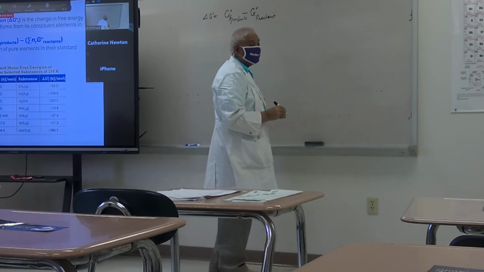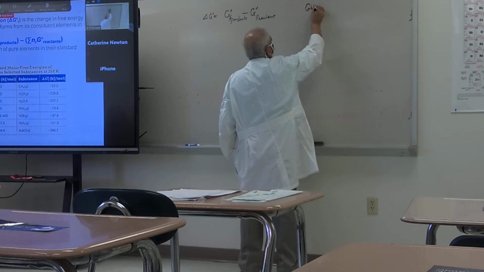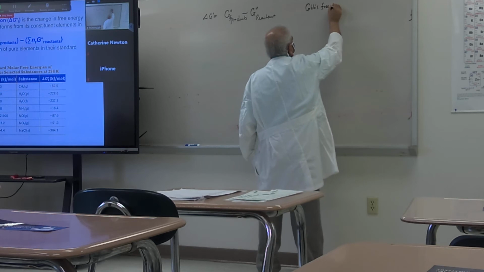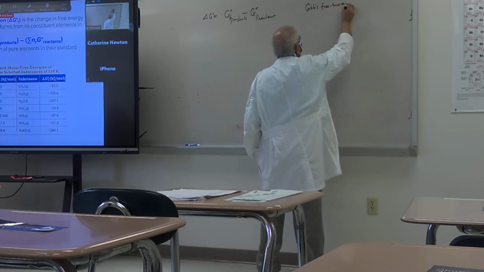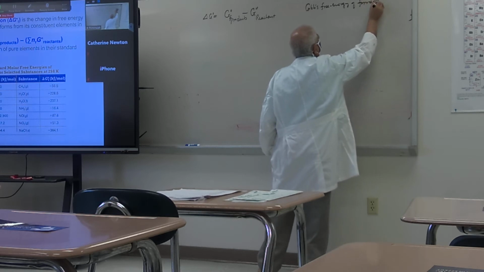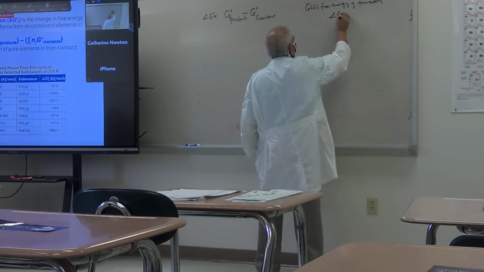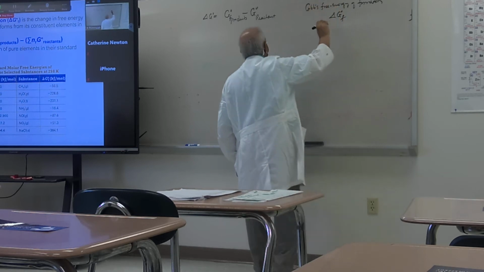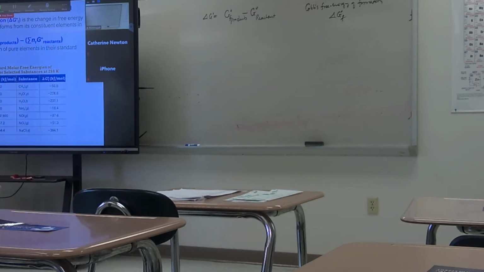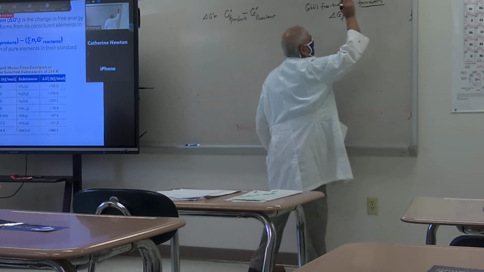This is actually G0 F, Gibbs free energy of formation, which is abbreviated as, say, delta G0F. Delta G0F, where F stands for what? Formation. So these values will be given to you.